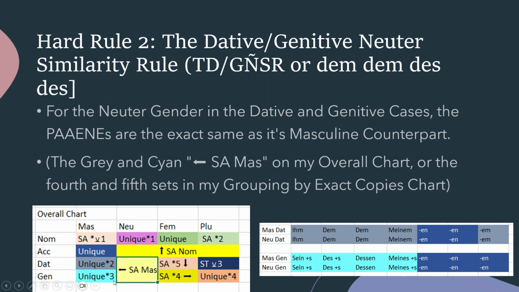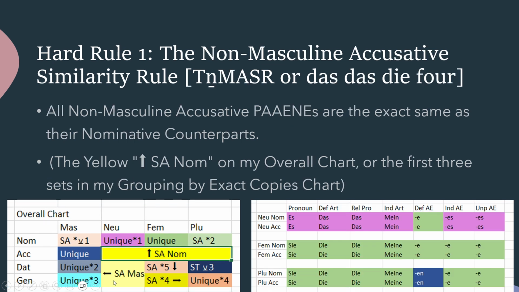Now, hard rule number 2, the dative genitive neuter similarity rule. By the way, I might refer to these rules as what you see right here. So das D4. Obviously, das D4 is named after the fact that this is das D, right? That's what it's named after.